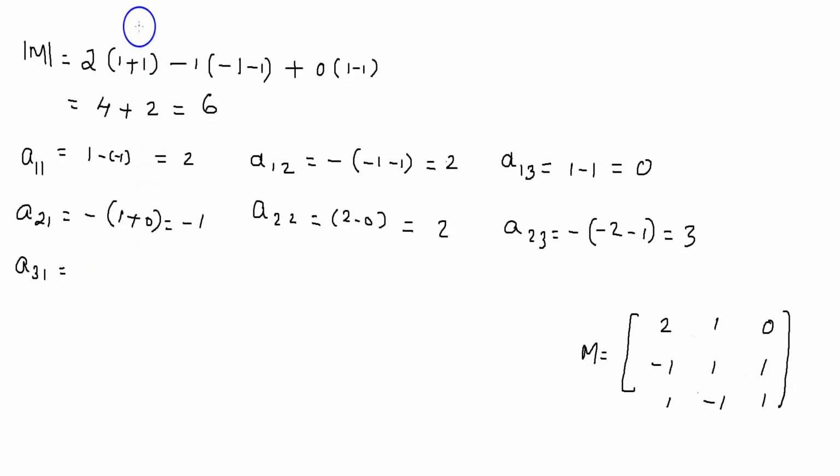Here the minor of A31 is 1, 0, 1, 1. After cross multiplying we get cofactor of A31 as 1 minus 0, which is equal to 1.